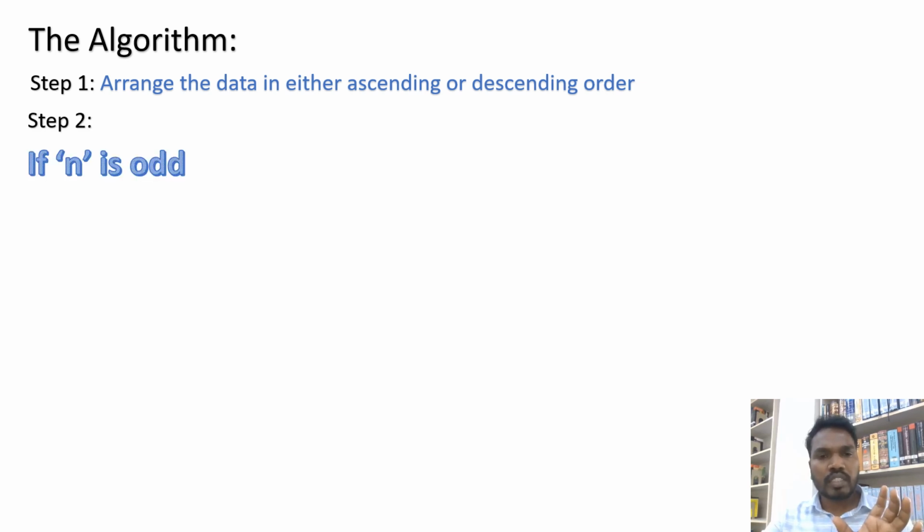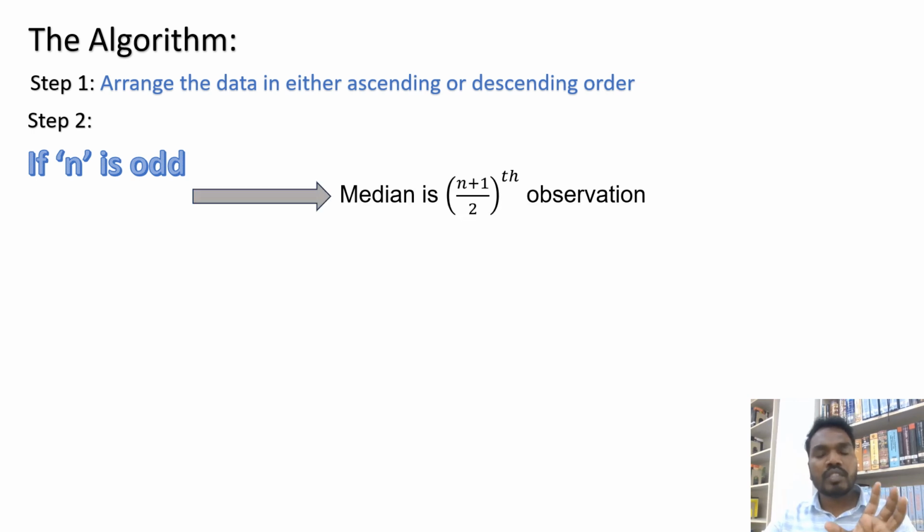If the number of observations n is odd, then we will have only one median, one middlemost number. The median will be the (n plus 1) by 2th observation.